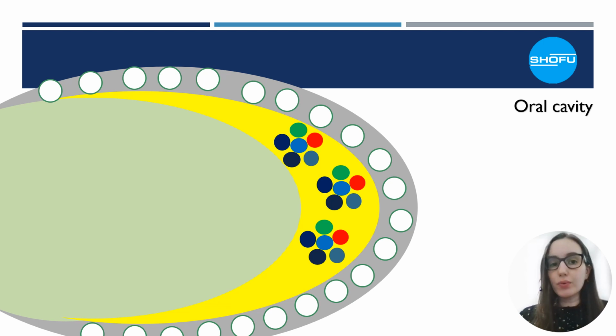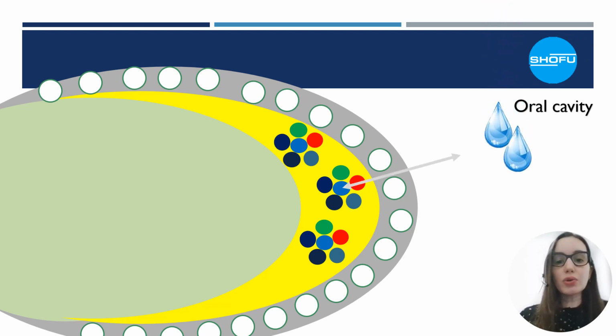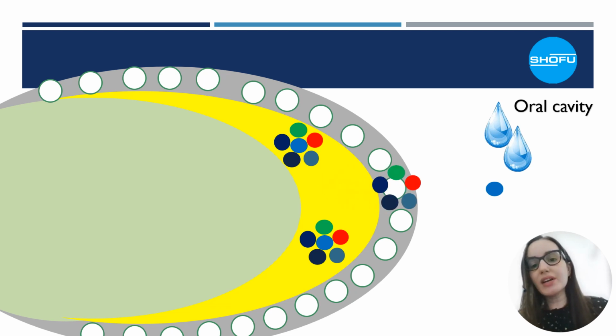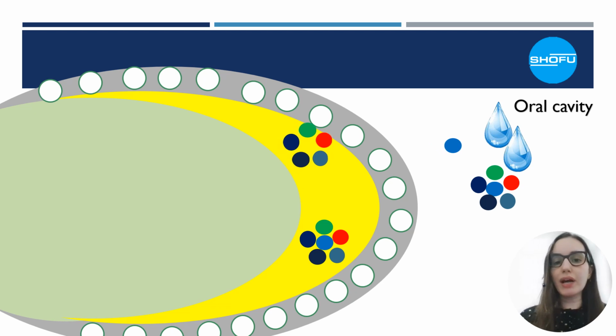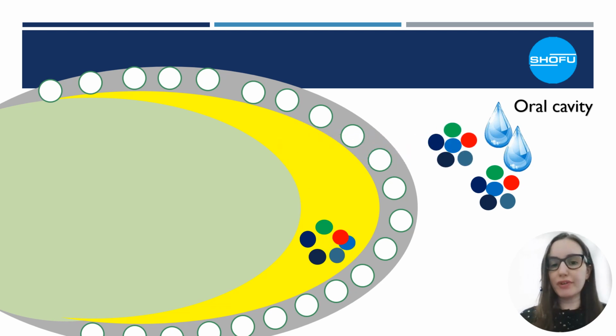When this particle is found in the oral cavity, in contact with water or acid from the oral environment, the water will attack the sodium and the sodium will attract and release the other five ions. So first, the sodium comes and it will attract the other five ions.